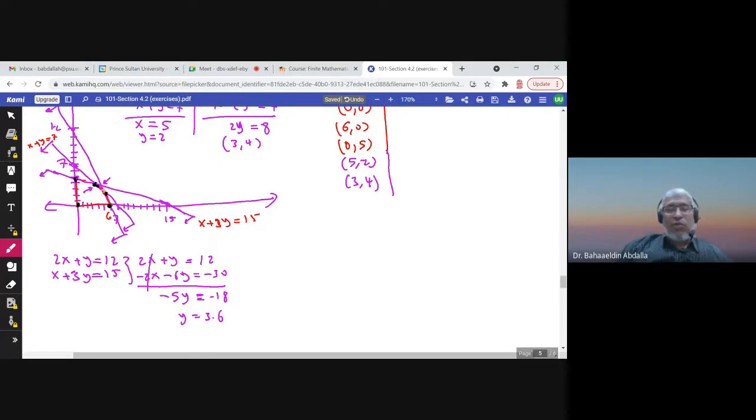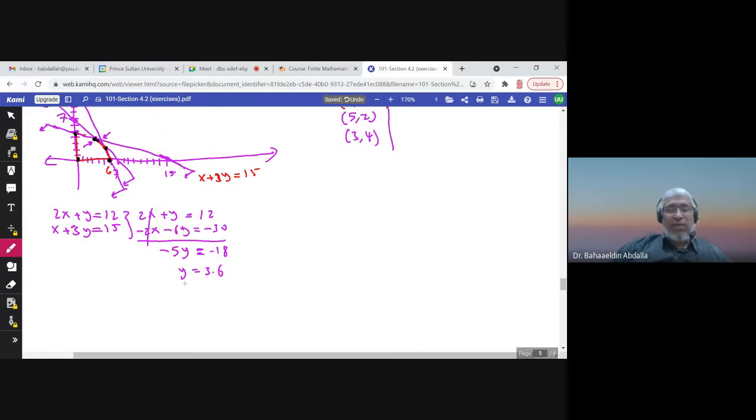And if y is 3.6, then 12 minus 3.6, 8.4 over 2, then x is 4.2.